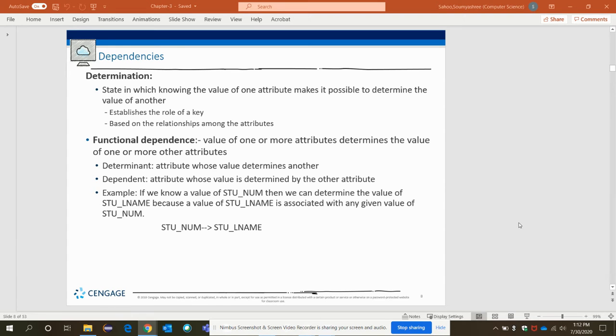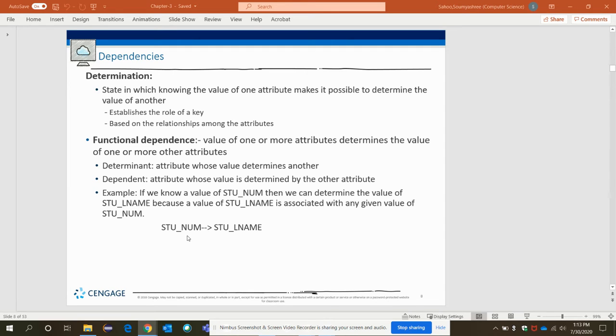Let's come to functional dependency. See this example here: Stu num determines the value of Stu L name. In a student table, the last names of different students can be different or can be similar, but every student number must be unique or distinct from each other.